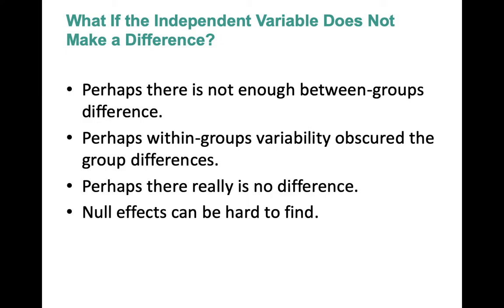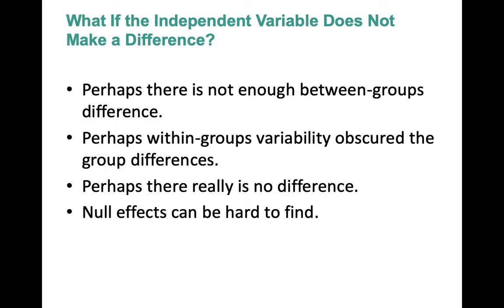It is the case that null effects can actually be hard to find. Oftentimes we get a null effect because we don't have a big enough sample size. We don't have enough statistical power to detect an effect when there really is one. But to be able to conclusively show that there's really truly no difference between these groups or between these treatments, you need a very, very, very large sample size in order to confidently conclude that there's no effect.